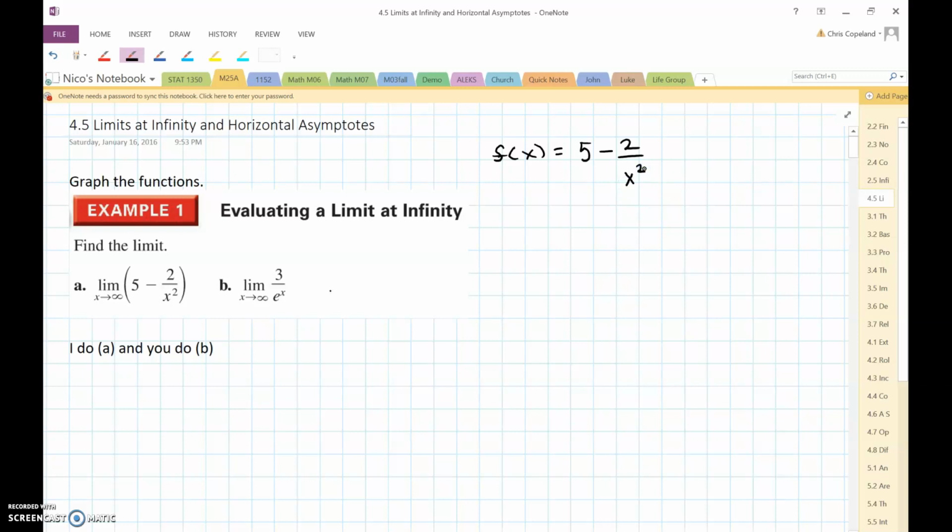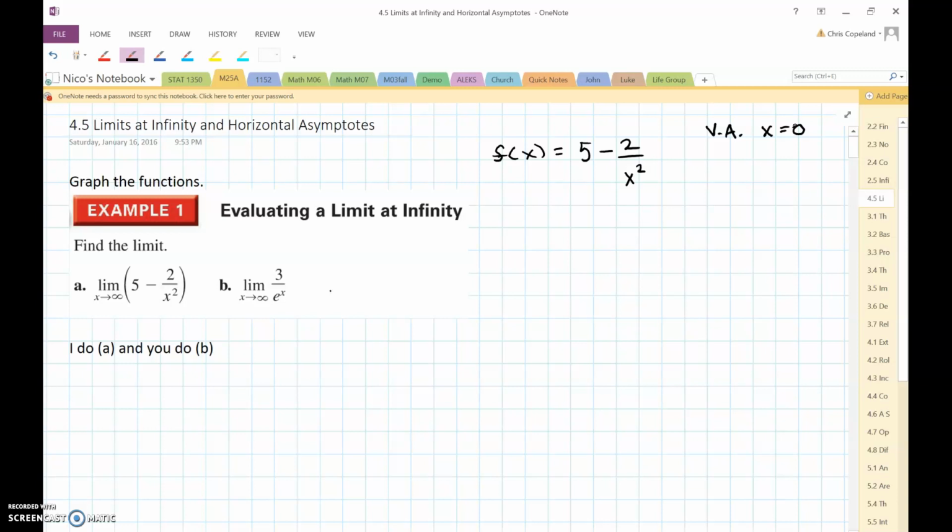Okay, so first of all, let's find the vertical asymptote. The vertical asymptote, we've been doing this for the last few sections. Hopefully you see that the vertical asymptote is going to be x equals 0.